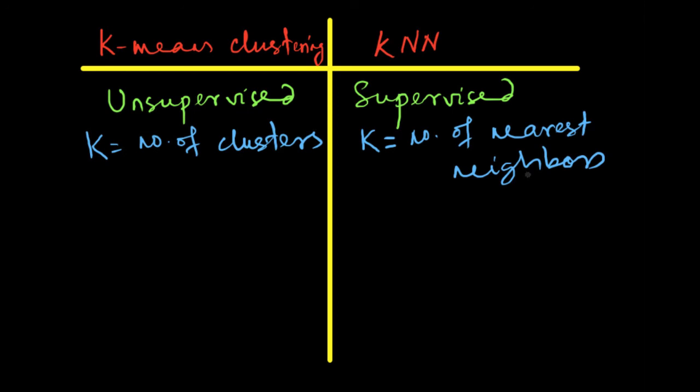And to figure that out, you use the value of k there, which is the number of nearest neighbors which you check to assign the particular class to that new data point. So the meaning of k in both the cases is completely different. So this is something that is very important to remember, and please do not confuse between the k-means clustering algorithm and the KNN algorithm.